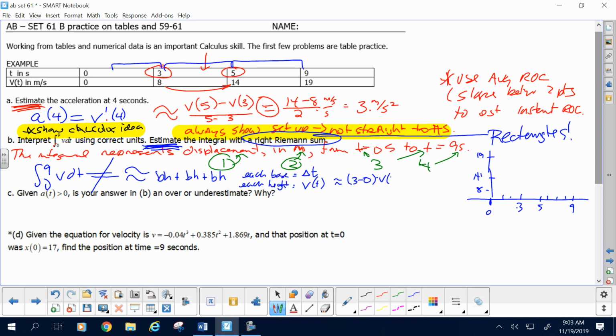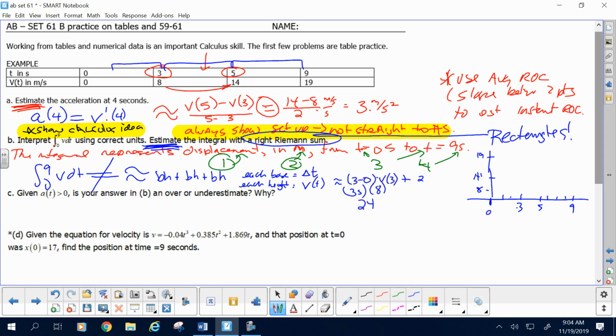Say v at 3 to communicate that for my first height, I'm using the velocity at 3. As far as the meaning, you're saying you traveled about 3 seconds at a rate of 8 meters per second. So in that first time frame, I'm estimating you changed position by about 24 meters.